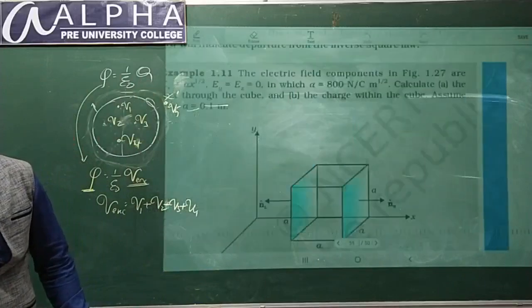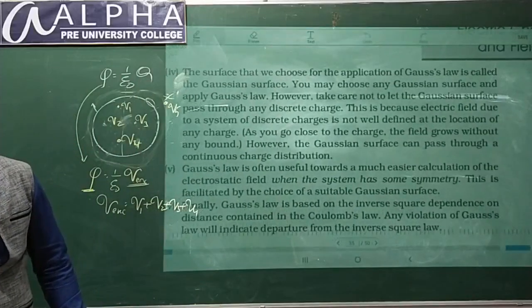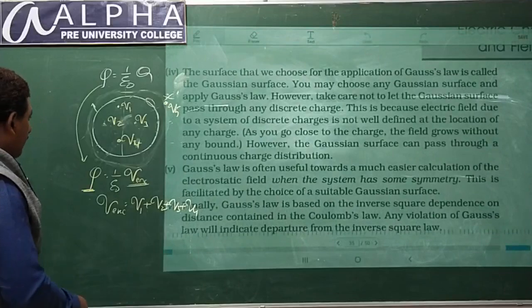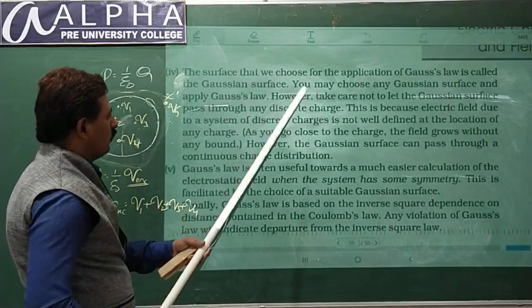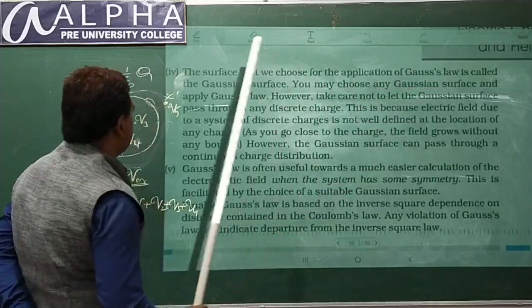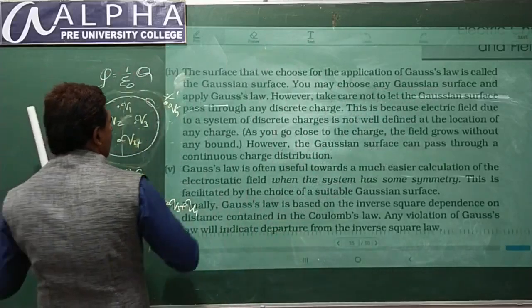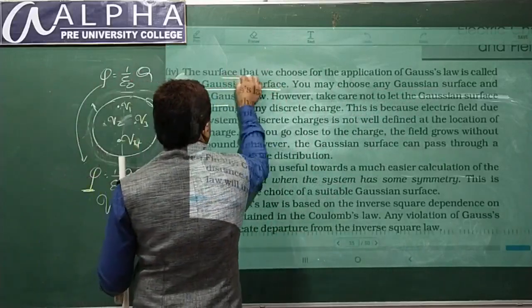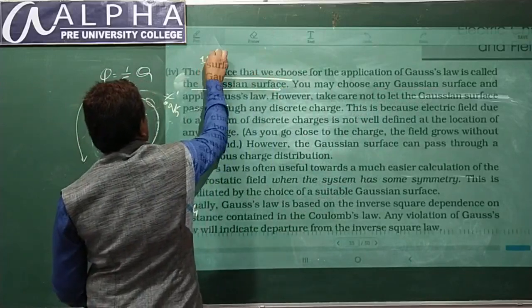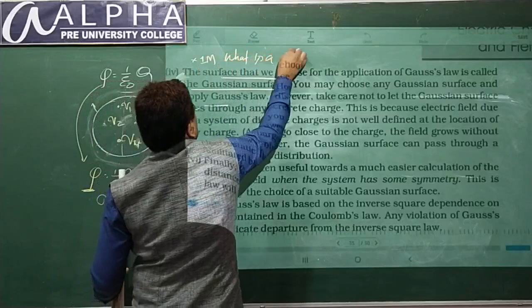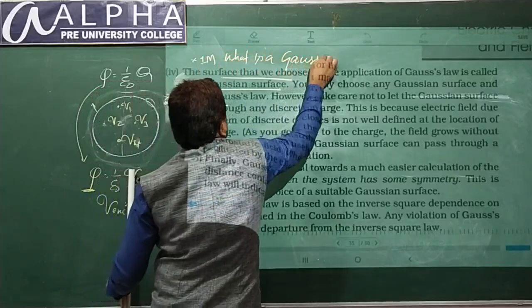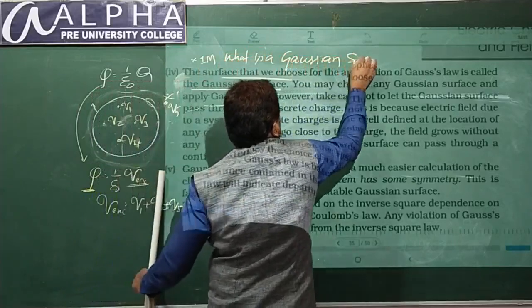The first point there on the top, look here. Let me read that point, then we'll come to this diagram. The surface that we choose for the application of Gauss law is called Gaussian surface. This line, as it is an answer for a 1 mark question. What is a Gaussian surface? What is your answer?